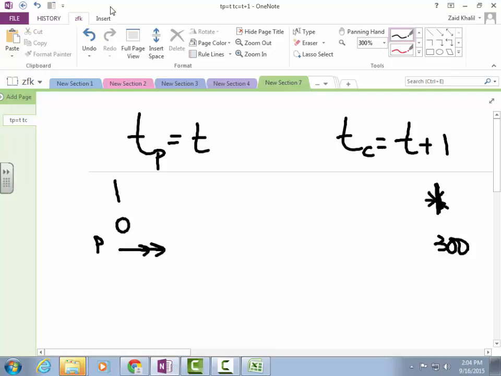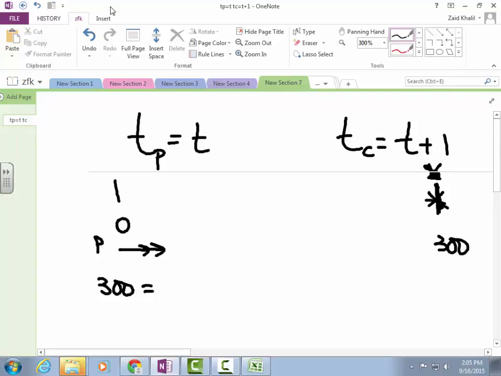So what do we have? We have the change in position. So notice, this is x, and x equals 300. So the change in position for the cop is what? 300. And that's equal to what?